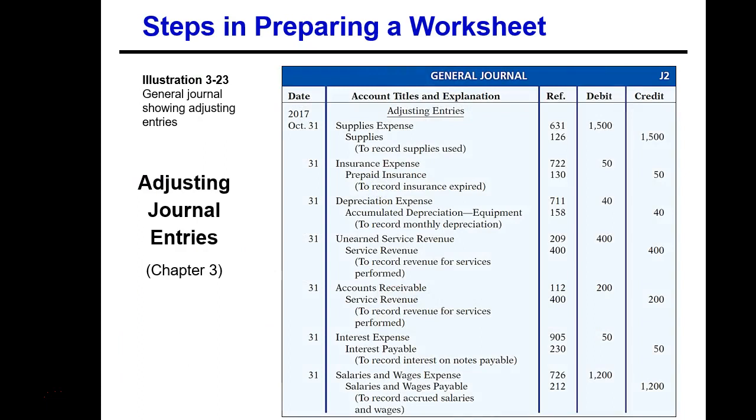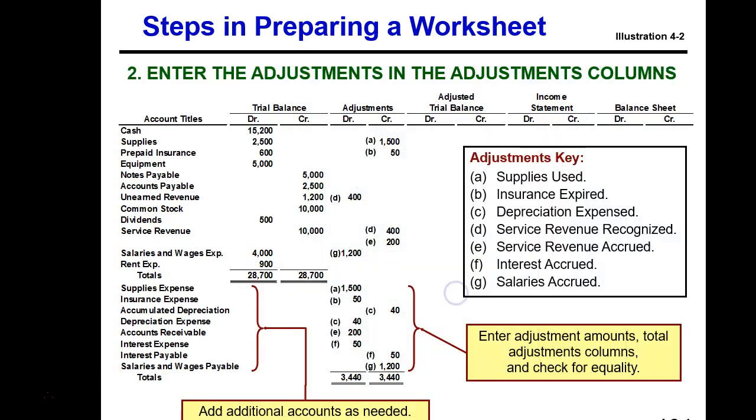Next, you're going to look at the adjusting entries that we have recorded already throughout the accounting period. These adjusting entries are recorded next in the adjustment section of the worksheet. So all of these adjustments you see here are coming from the adjusting entries that were made during the course of the accounting period.